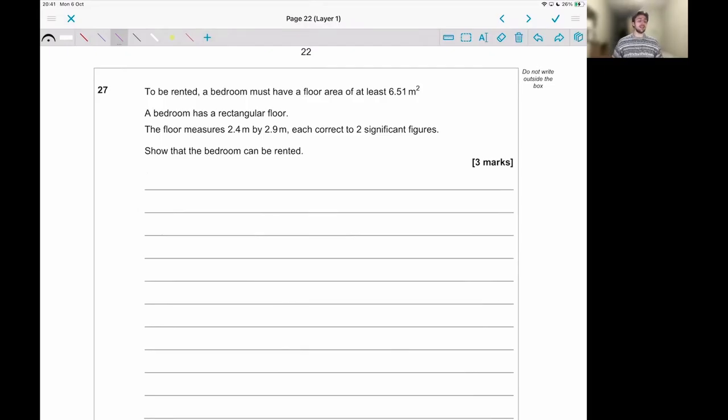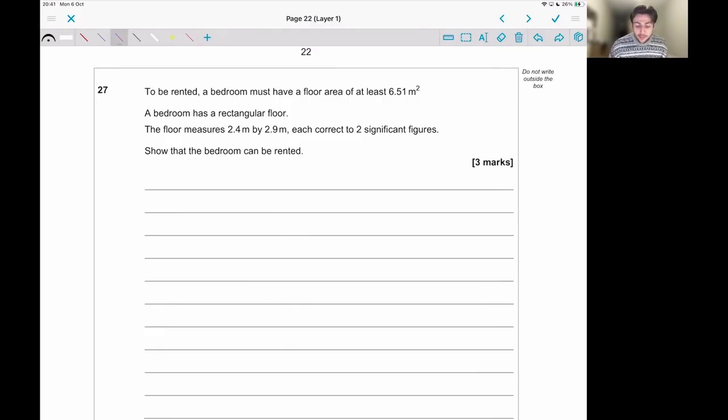Okay, so what we're looking at here is error bounds. We're looking at how big is the room. We're given these 2 things to 2 significant figures, so we don't know accurately.